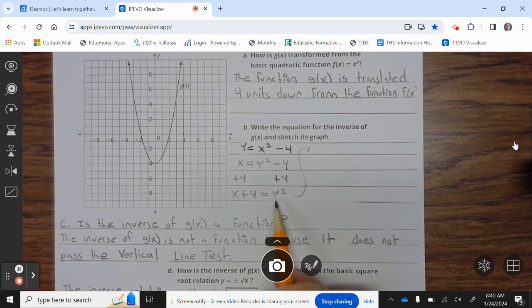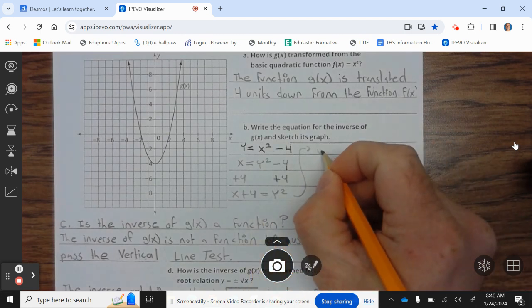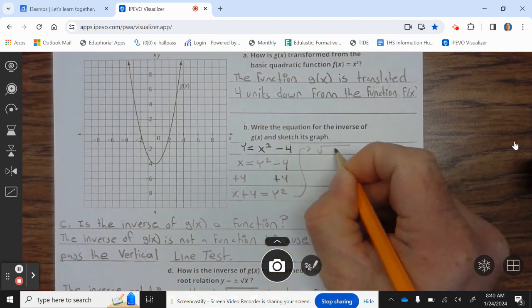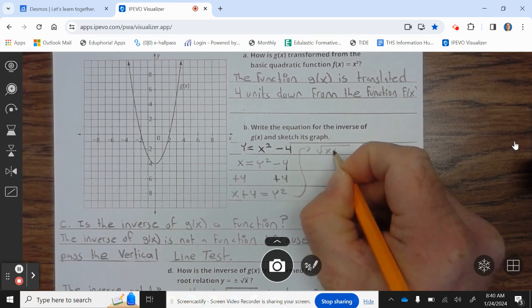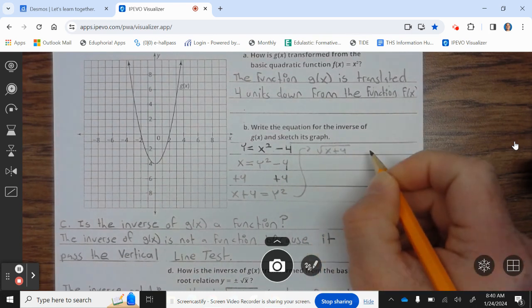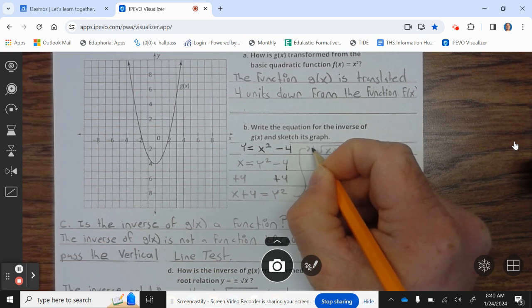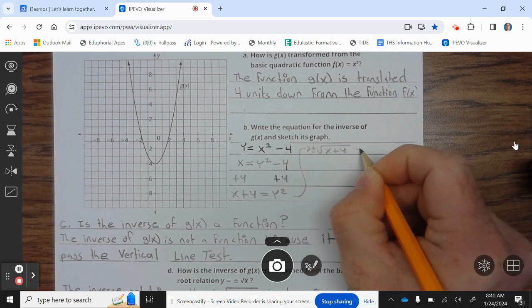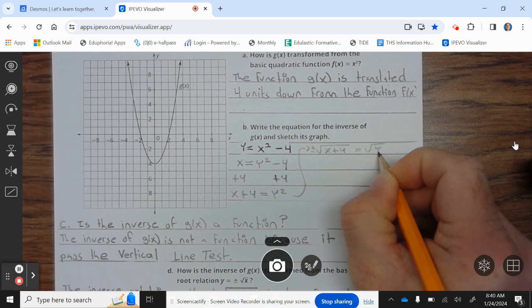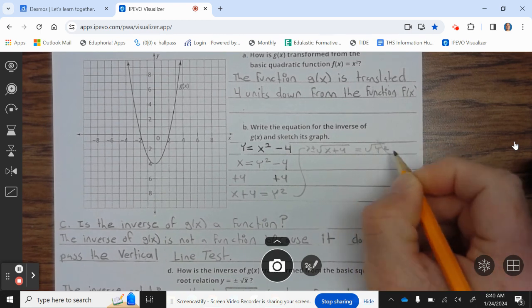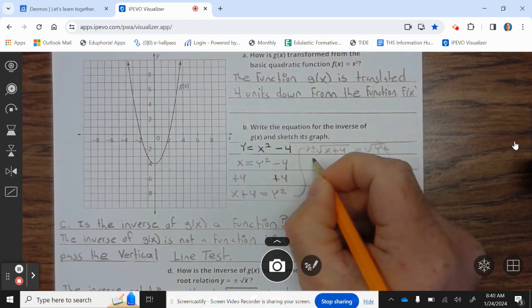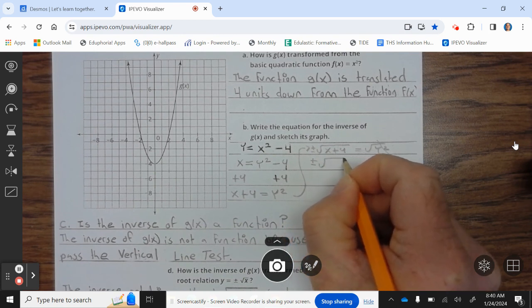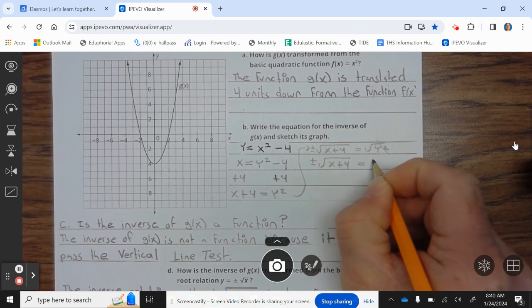Now, the next step is going to take the square root of both sides. Remember, square roots, plus or minus. The square root cancels this, right? So then you're left with plus or minus the square root of x plus 4 equals y.